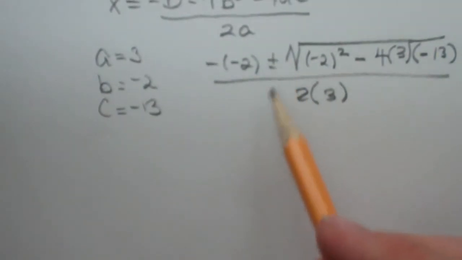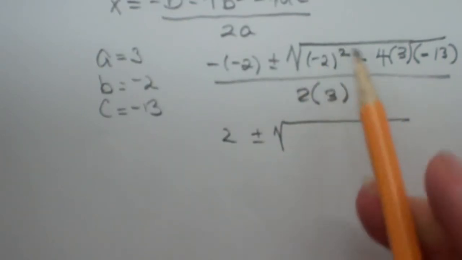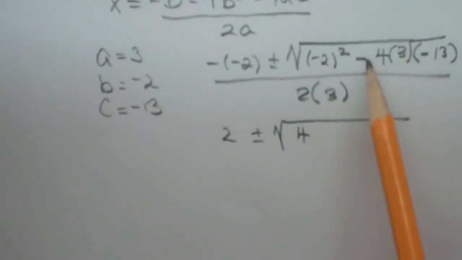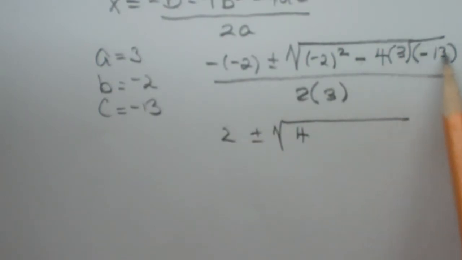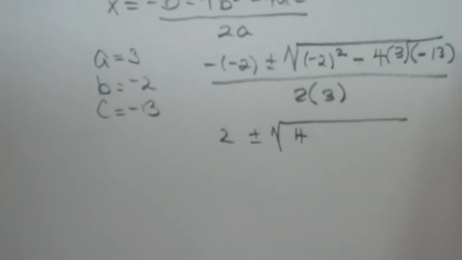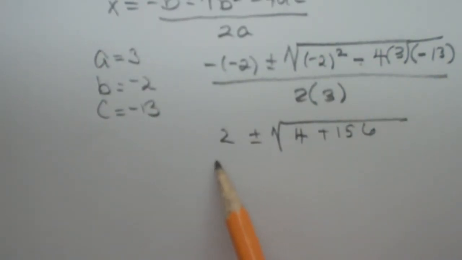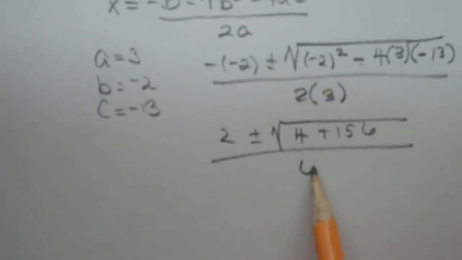Well, a negative of a negative 2 is 2, plus or minus the square root of, here this becomes a 4. This negative 4 and this negative 13, when we multiply those together, is going to become positive. Altogether, we have negative 4 times 3 times negative 13, and I think that becomes 156. This is a positive 156 because those two negatives become positive, and this is all divided by 6.